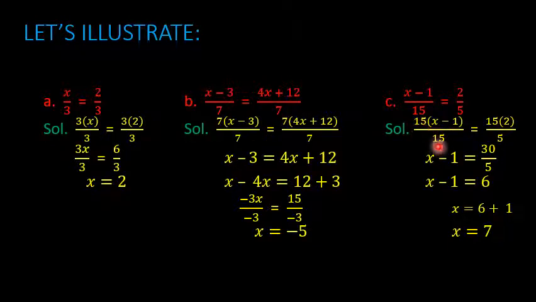So cancel ning 15 ug 15, so ang mabilin x minus 1 na lang. Sa pikas, 15 times 2, pila? 30 divide 5, 6. So naa kay x minus 1 is equals to 6. Then to get the value of x, kailangan mawala ning negative 1. So unsay buhaton? Mag-add ta og 1. So negative 1 plus 1, 0 na. Nag-add man tag 1, so 6 plus 1 is 7. That is the value of x for the equation letter C. x is equals to 7.